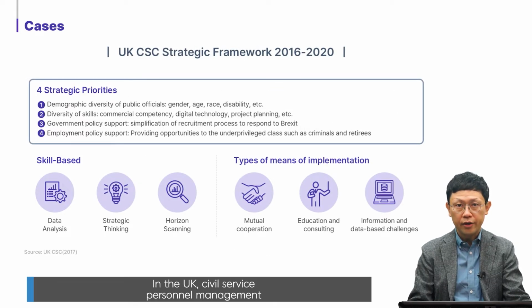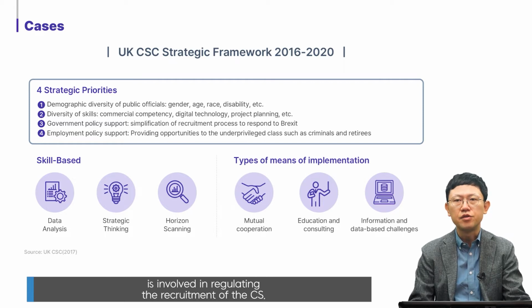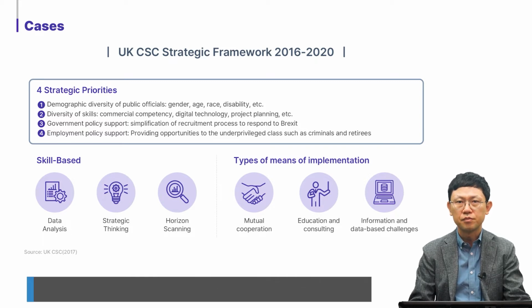In the UK, civil service personnel management is mainly handled by the Civil Service or CS, and Civil Service Commission or CSC is involved in regulating the recruitment of the CS. CSC or CS emphasizes data competencies or digital competencies.